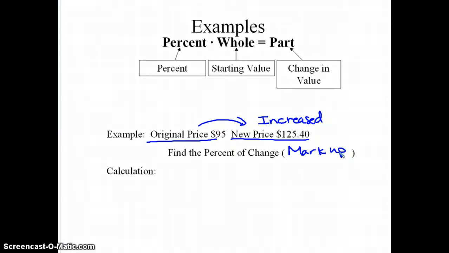I start with my percent, which I do not know, so x divided by 100, times the original price, which is 95, that is equal to the change in value. Now, for the change in value, I always have to start with the highest cost. So I have 125.40 minus 95. We'll complete this process as previously shown.